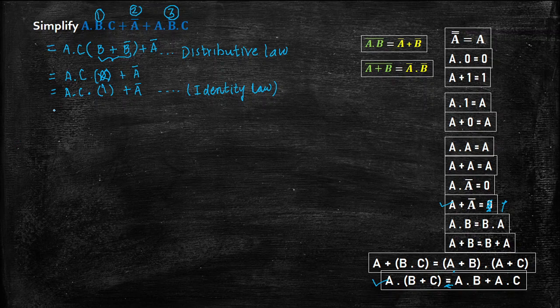Now if you check the law for this, you can see that A dot 1 is equal to A. And why am I talking about this law? Because A dot C dot A dot 1, sorry. So these two, if ANDed together, you are going to get A dot C back as it is. So here it will be A dot C as it is plus A. Here we have used this particular law, right?